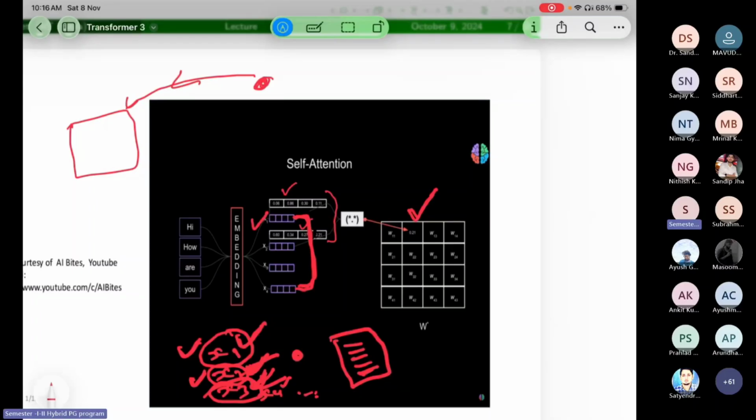Instead, I'll give different weights to different people. It's just like for x1, suppose you are asking questions from x1, then again you are asking questions from his parents, his mother, his father, then his friends, and so on.